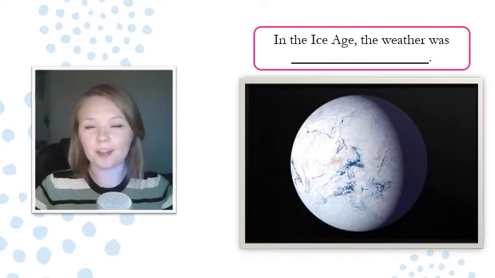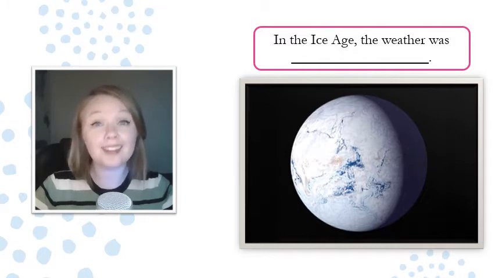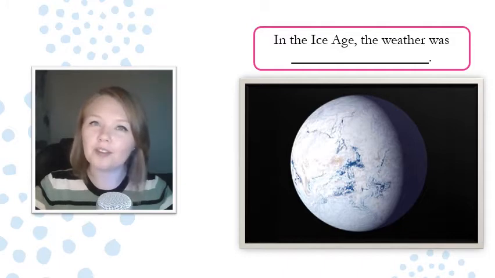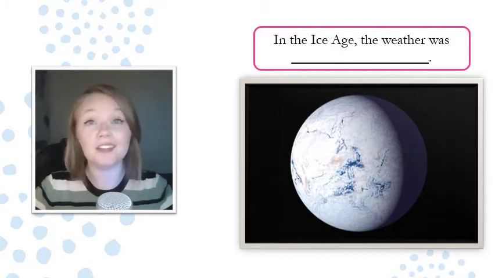Here we see a picture of what we think the Earth looked like about 2.5 million years ago, a very long time ago. That's when the last ice age was. So if we take a look at this picture, we can see it does not look very warm. So what kind of words from our vocabulary could we use to describe weather in the Ice Age?